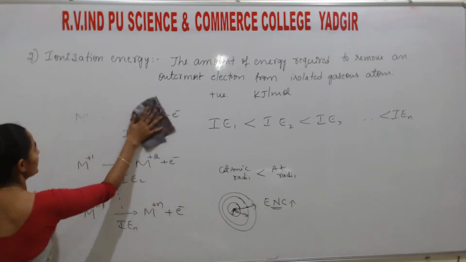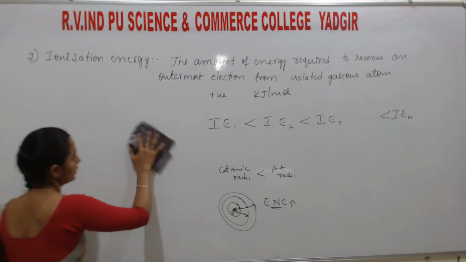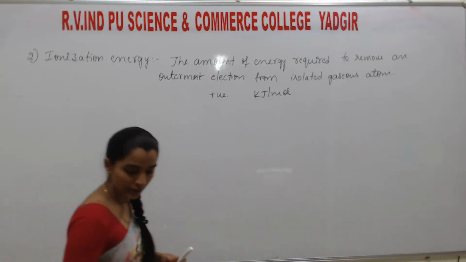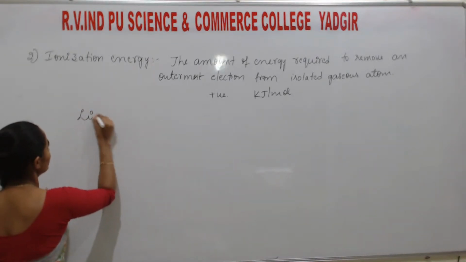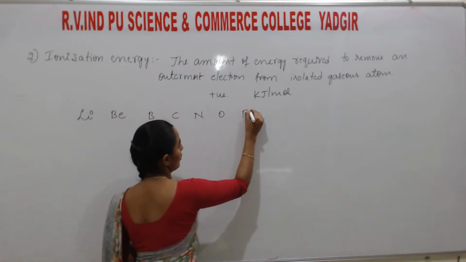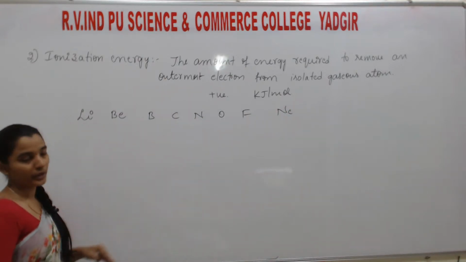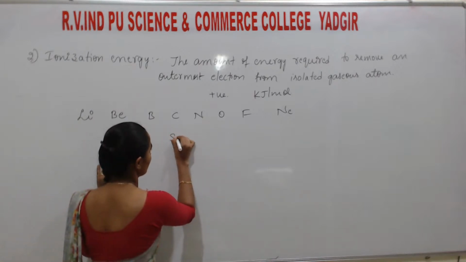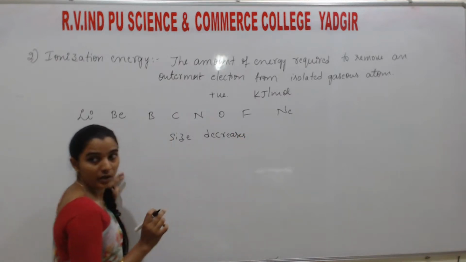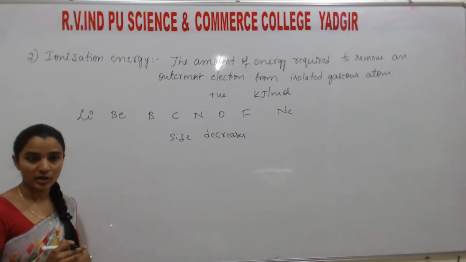Next, if you want to explain it in the periodic table, in the last class we discussed what happens to the size along the period. From lithium, beryllium, boron, carbon, nitrogen, oxygen, fluorine, neon, as we move from left to right along the period, size decreases. Correct? Because the electrons added to the same subshell increase the effective nuclear charge.